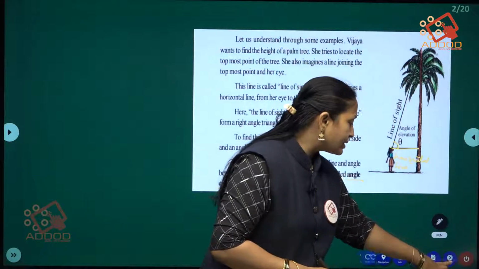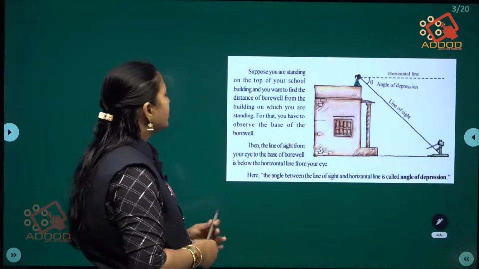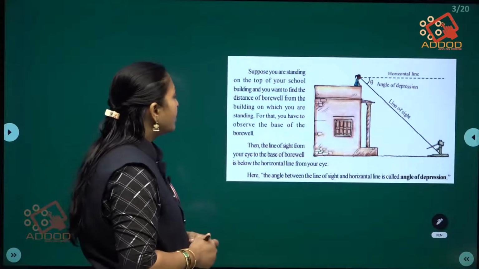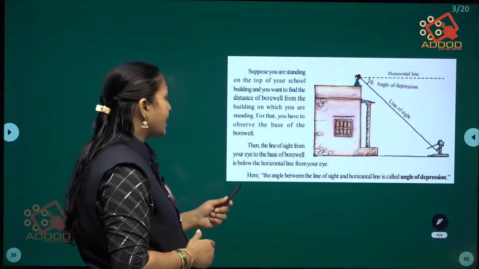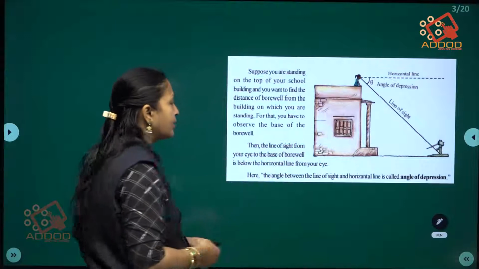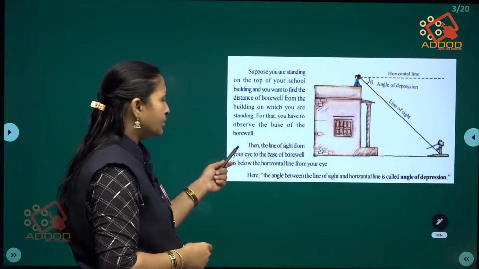Now we will see what the angle of depression is. Suppose you are standing on the top of a school building and you want to find the distance of a borewell from the building. This is a borewell and you are standing on the school building. For that you observe the base of the borewell.